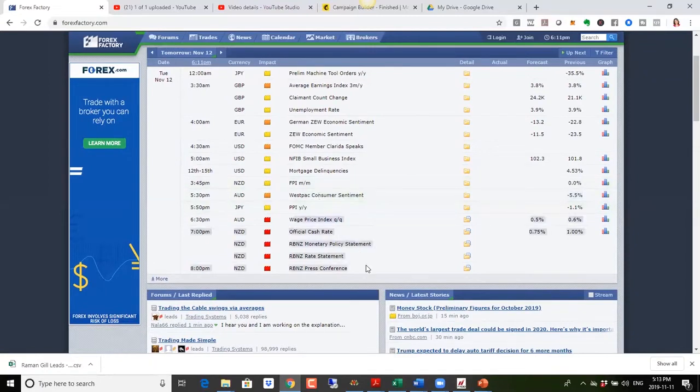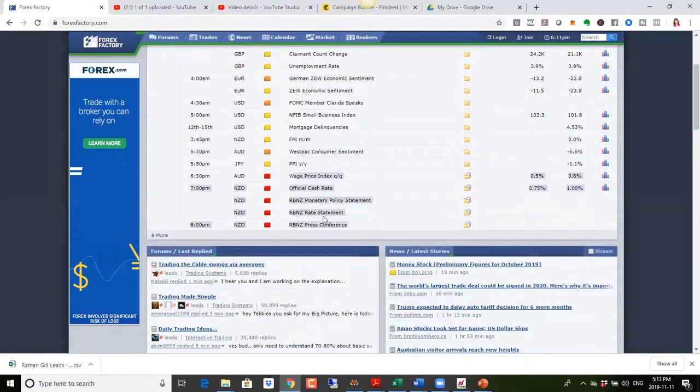Very important data that's coming out in the Asian session tomorrow is our New Zealand dollar data. We are looking for an interest rate cut. If the Reserve Bank of New Zealand does not cut interest rate, that will be positive for New Zealand dollar. Or if they cut the interest rate but make positive statements, that could push New Zealand dollar up.